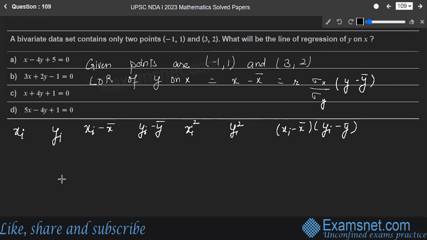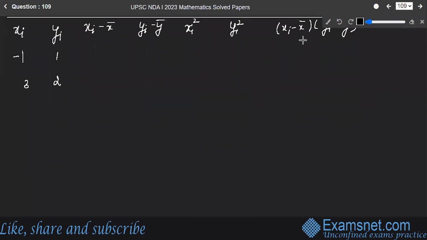Okay, so very first one, xi is equal to minus 1, it's given, and y is 1. This is 3 and 2. Okay, so xi minus x bar, this is equal to minus 2. Now, how is that?